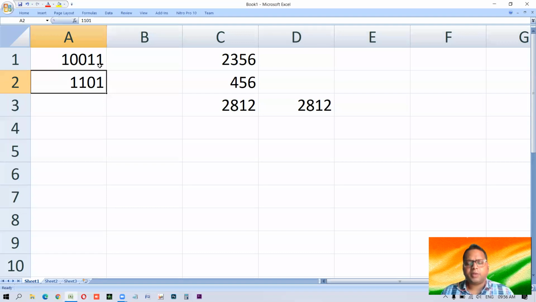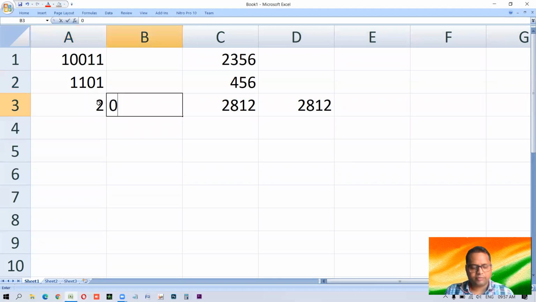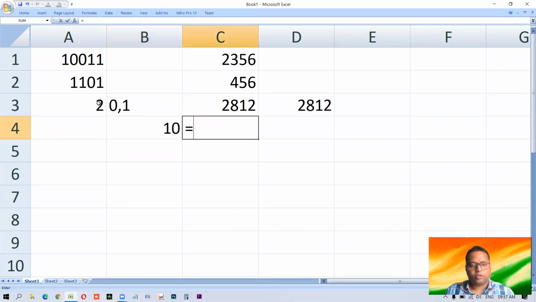But since we are working in the binary system, 1 plus 1 makes 2, but we cannot write 2. Why can we not write 2? Because the symbol 2 is not there in the binary number system. In the binary number system, we have 0 and 1 only. So how do we represent 2? 2 is represented as 10. 10 is equal to 2.